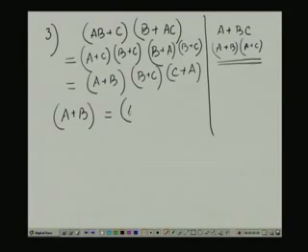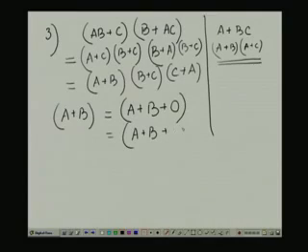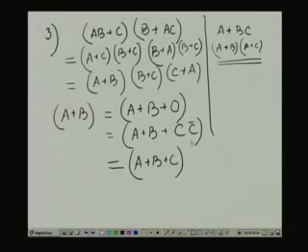So how am I introducing it? A + B, now here I add 0, as if this becomes 0. Now 0 I can replace with C·C bar, because C was not here. So I have to introduce C, and in this way I can take this. Now again if I apply the same rule, this becomes (A + B + C)·(A + B + C bar). So only the first term becomes the product of two terms.